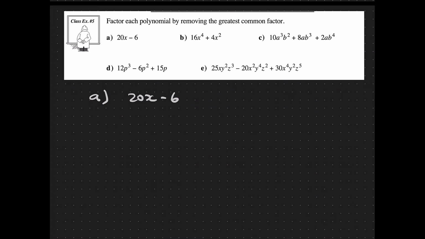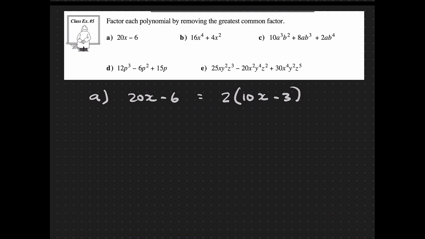So that means I'm pulling out a 2. So this equals 2 times whatever's going to fit inside this bracket. 20 divided by 2 leaves me with 10. I didn't touch the x. And negative 6 divided by 2 leaves me with a negative 3.